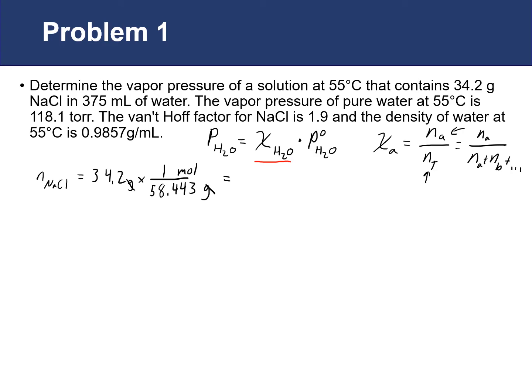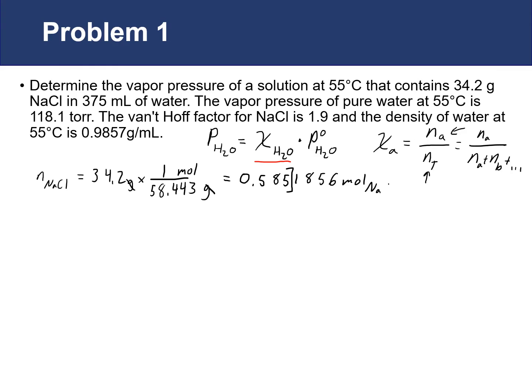This gives us 0.581856 moles. In terms of significant figures, this value will have 3 significant figures. Okay, so this is the number of formula units of sodium chloride.